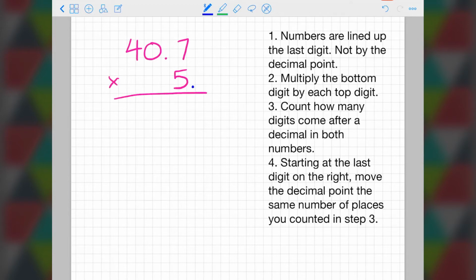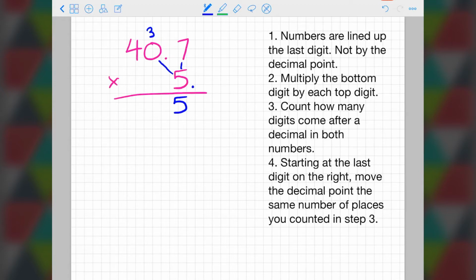Now we multiply our bottom digit by each top digit. First, starting with 5 times 7, which is 35. When we get a 2-digit answer, we need to carry our tens place to the next digit. 5 times 0 is 0, plus 3.